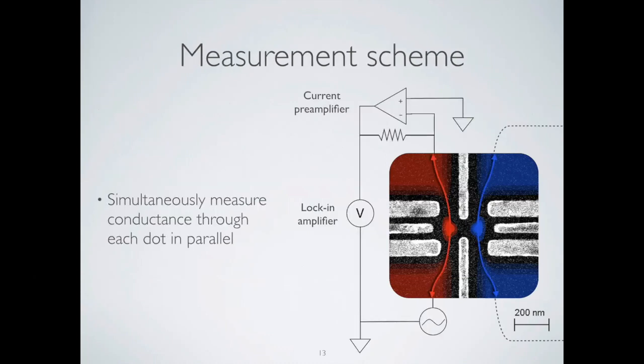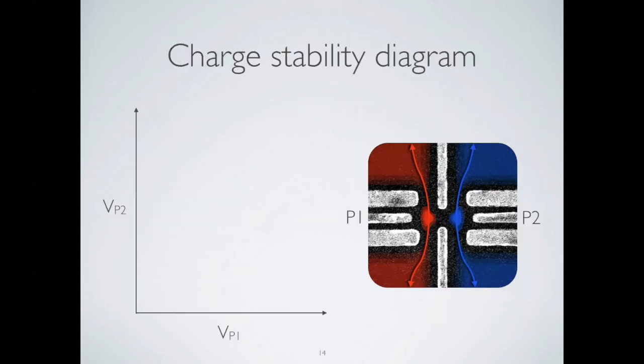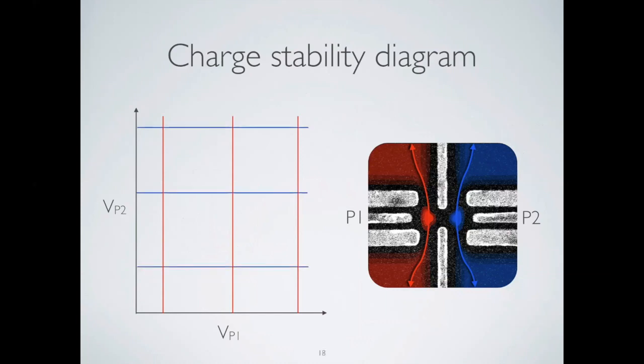So we can separately measure the conductance through each of these dots. And then just to see what happens when you have 2 dots, you can imagine you use 1 gate voltage to tune the number of electrons on one dot. And so you can change it from n plus 1, n plus 2, and so on. And you can use another gate voltage to tune the number of electrons on the other dot.